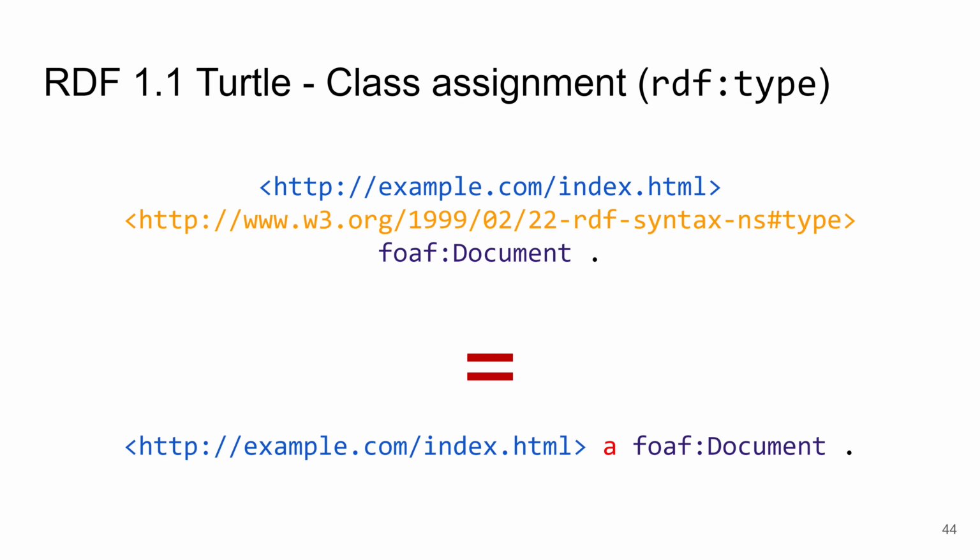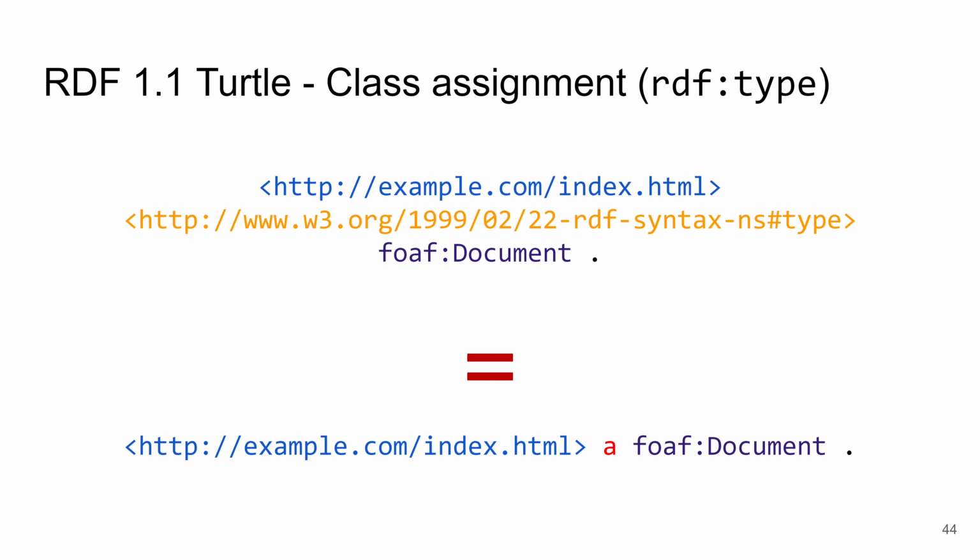Right, class assignment. In Turtle, there is a special shortcut. It's syntactic sugar, which is the word a. Remember that in our examples, when we talked about the catalog or a page, we said there is a thing which is a catalog, or there is a thing which is a page. And which is a was then named using the IRI RDF type.